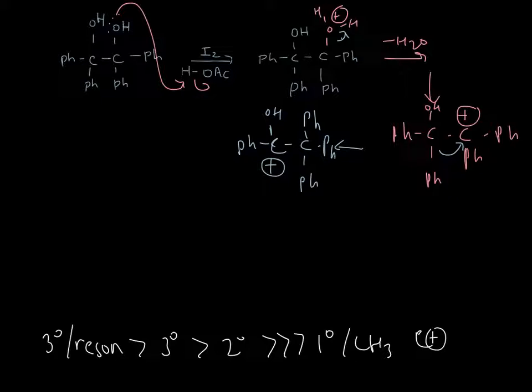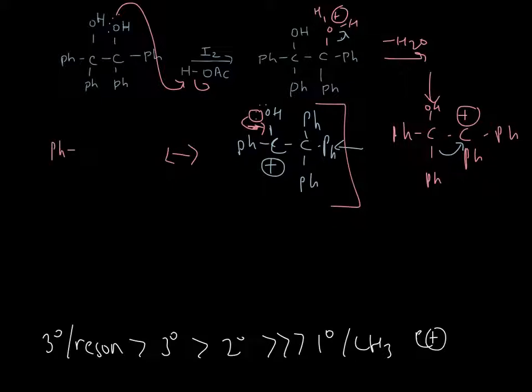Now, what you have to realize is that there's a huge difference between this tertiary carbocation and this one. This tertiary carbocation is in resonance with the oxygen, so the oxygen's non-bonding pairs can be in resonance. The lone pairs can come in to satisfy the octet rule for the carbon. To draw my resonance, I draw my brackets, my double-headed arrow, and let's go ahead and draw the structure.